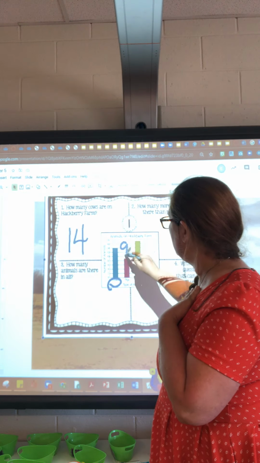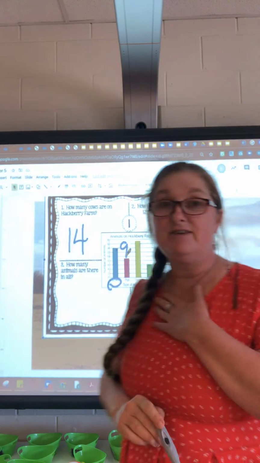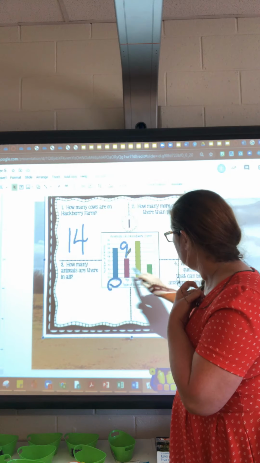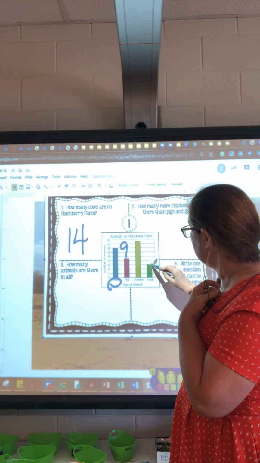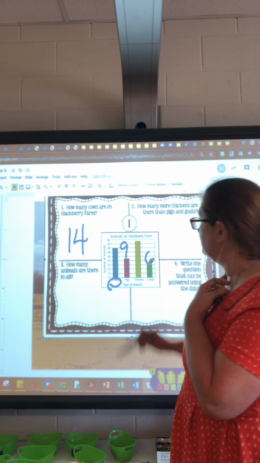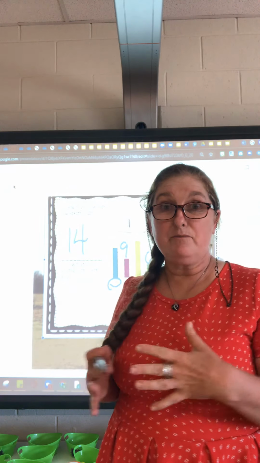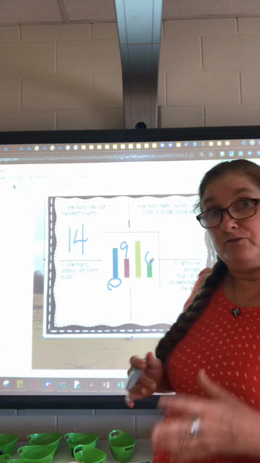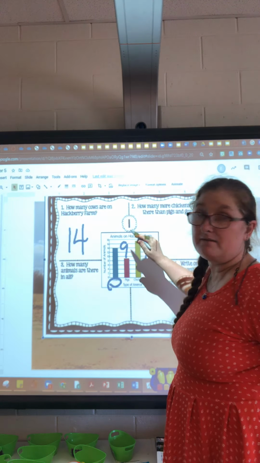So I'm going to make a mark that tells me how many. I have 9. And I look at my goats, and I see it comes up to that 3rd bar, and the 3rd bar is 6. Now, I'm going to write all of my math work in this frame.